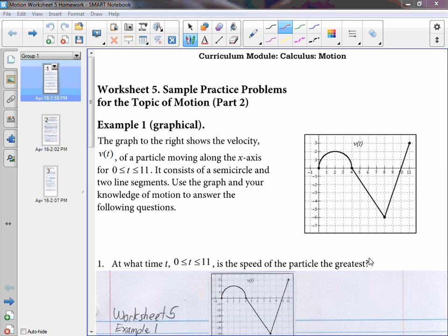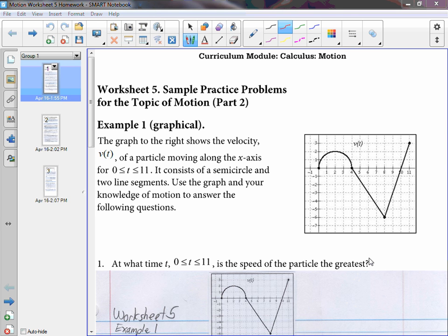It says the graph at the right shows the velocity, v of t, of a particle moving along the x-axis for the closed interval from 0 to 11. It consists of a semicircle and line segments. They tell you that just so that you don't have to guess. Well, I think that's a semicircle. It is. Use the graph and your knowledge of motion, and there's the scary part, to answer the following questions.